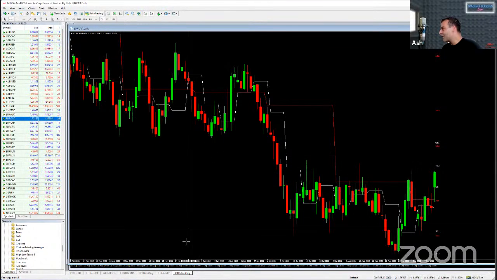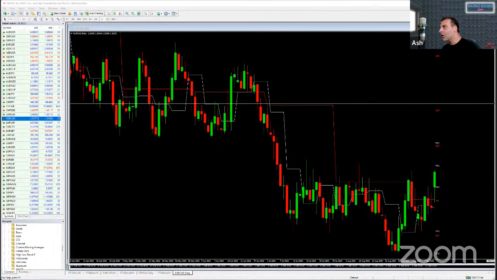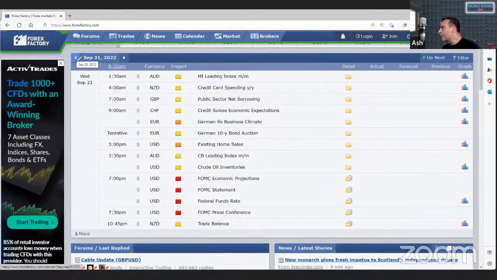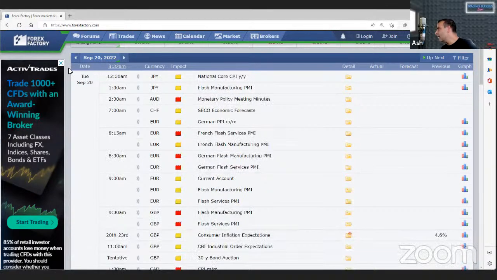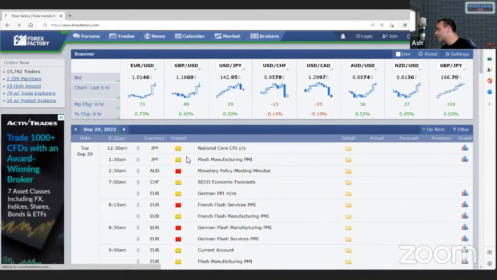If we go back to what might be the turning for the dollar, then we are looking at the United States providing us with data which would suggest that this is going to be positive tomorrow.